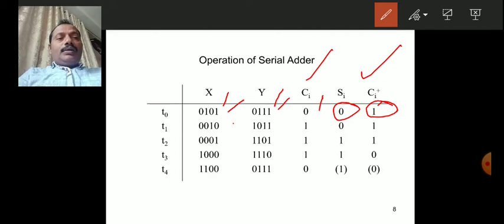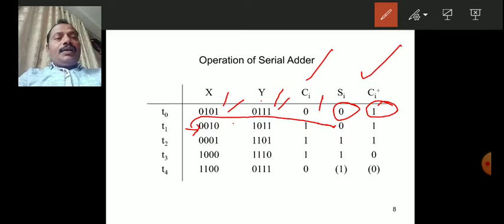Now in the next clock pulse, after addition it will shift. That means this sum bit 0 is shifted into the X register, coming to the MSB like this, and this Y number is rotated left.